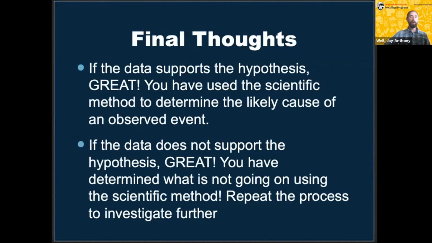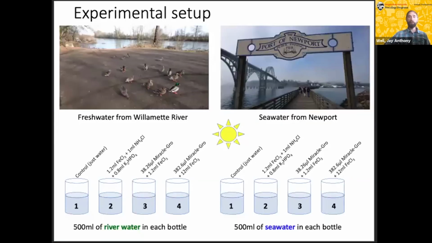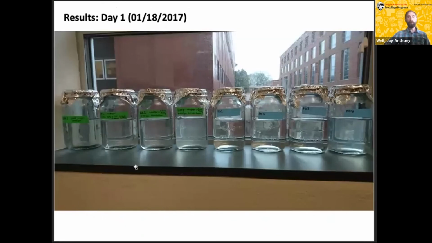And so finally, there was an experiment just to show you some examples, and you'll be able to see this example in the lesson plan, where they were looking at nitrogen sources between freshwater and seawater. These were grown in these larger mason jars. This is day 1.